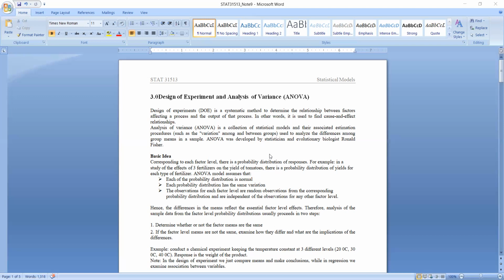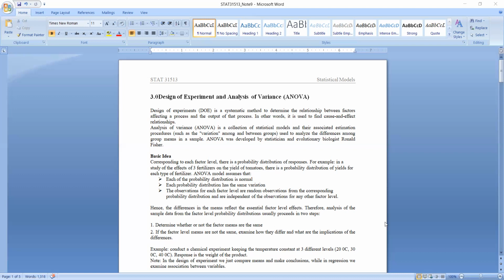Now, for an example, you can see here: conduct a chemical experiment keeping the temperature constant at 3 different levels: 200 Celsius, 300 Celsius, and 400 Celsius. The response is the weight of the product. So it's a chemical experiment conducted using different temperature levels, that is 200, 300, and 400.